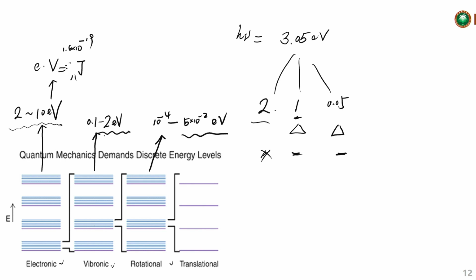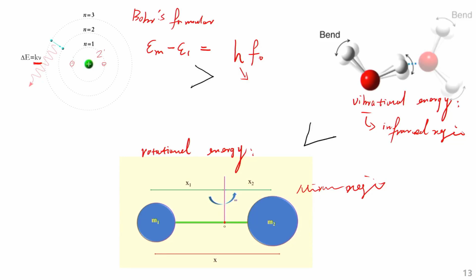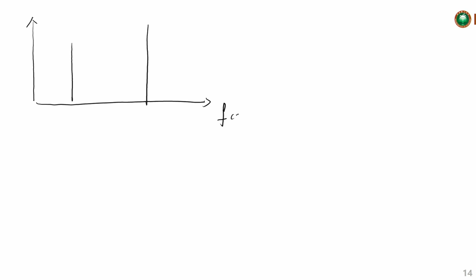So here the axis is frequency in gigahertz, and this one is absorption.